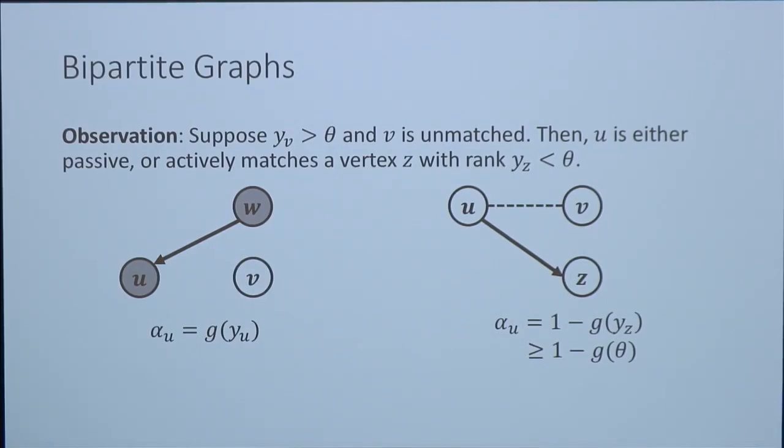In the old model, we will only have the right-hand side. There's no left-hand side here. But in the new model, u could be matched passively, in which case we have the left-hand side case. So to sum up, we have the following bound for alpha u whenever yv is greater than the marginal rank theta. Okay?